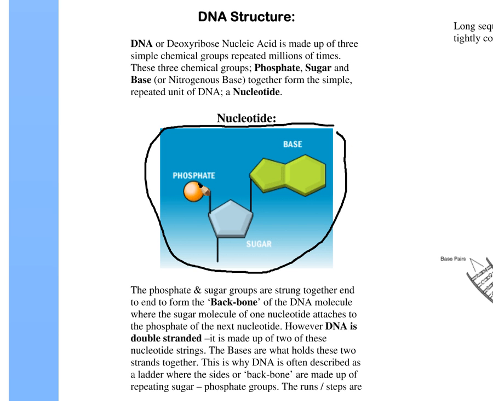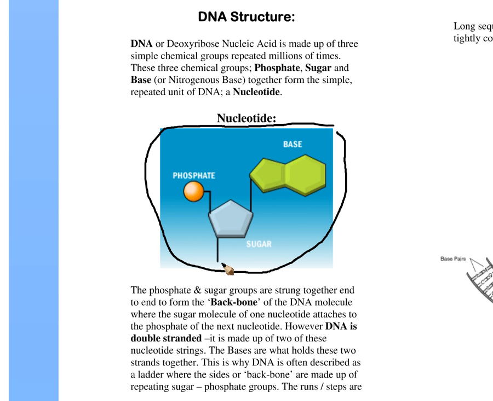It has a phosphate group, a sugar group, and a nitrogenous base, often just referred to as a base. So DNA is made out of this unit of these 3 chemical groups repeated millions of times. So a nucleotide consists of a phosphate, a sugar, and a base.